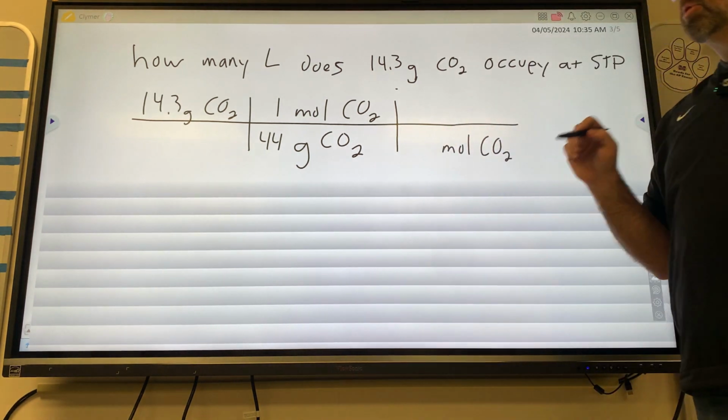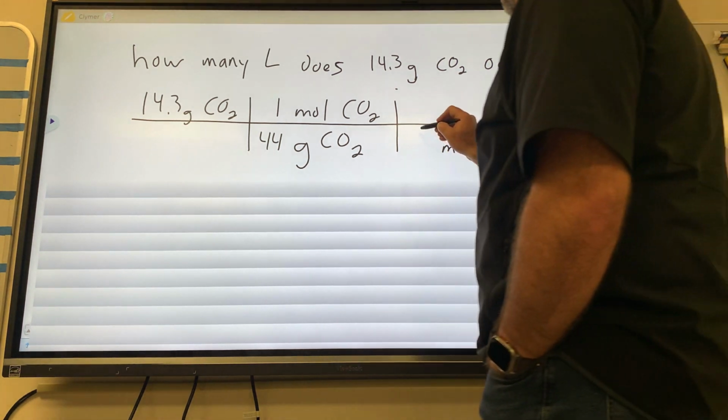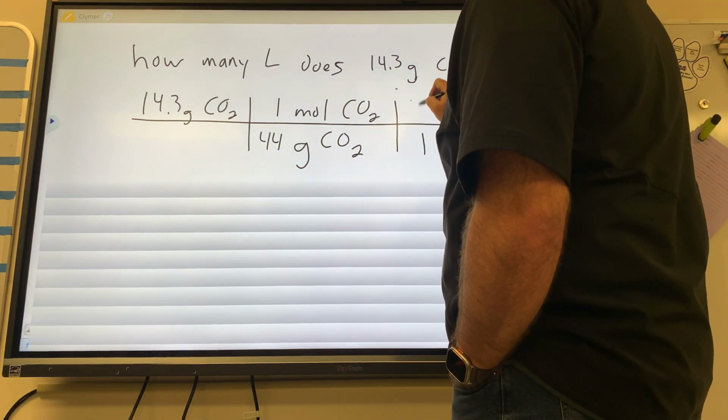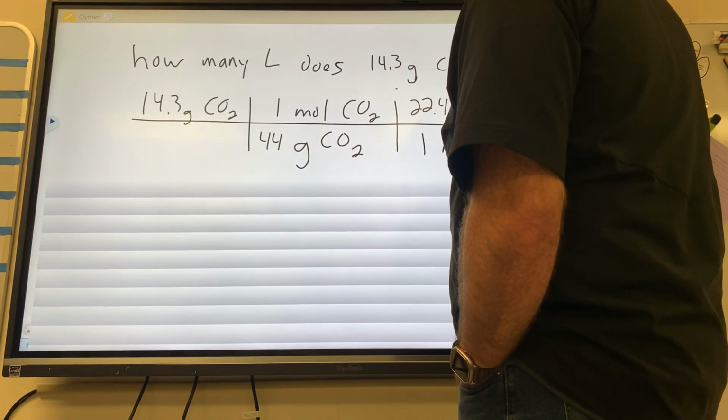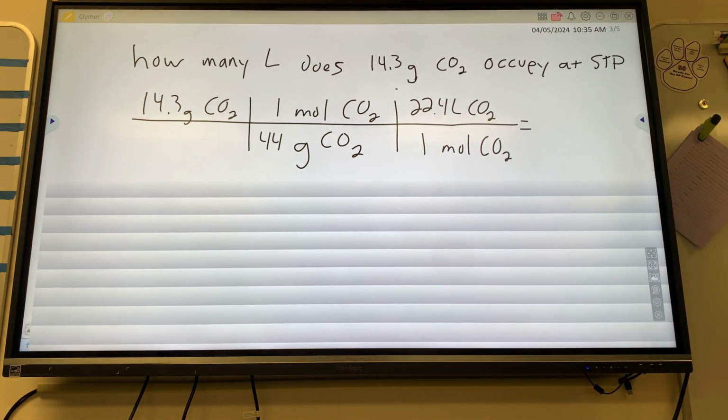And now here is where, again, with T-charts, what are we trying to get to? What is the question asking us for? Yeah, it's asking us for liters of a gas. Well, we now have what you just wrote down in your books. We now have an equivalence that we can use. 1 mole of a gas is equal to 22.4 liters of CO2. The rest of this is just math.